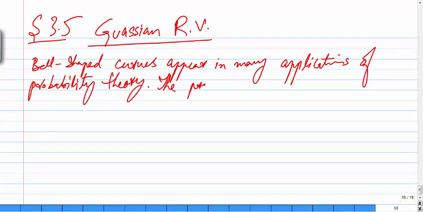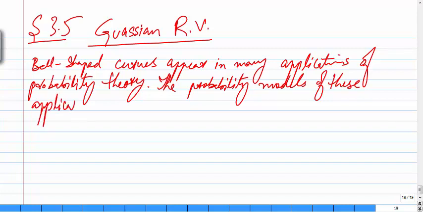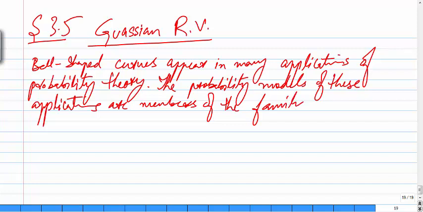The probability models of these applications are members of the family of Gaussian random variables.